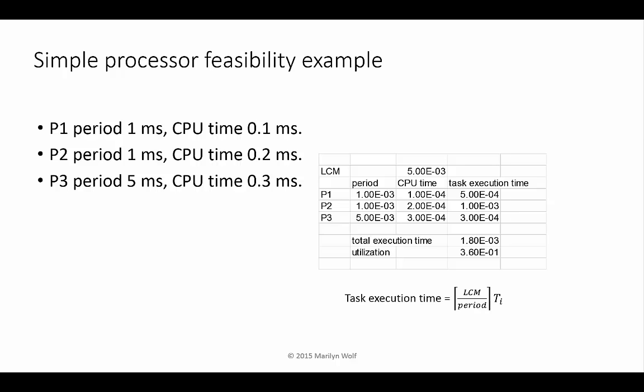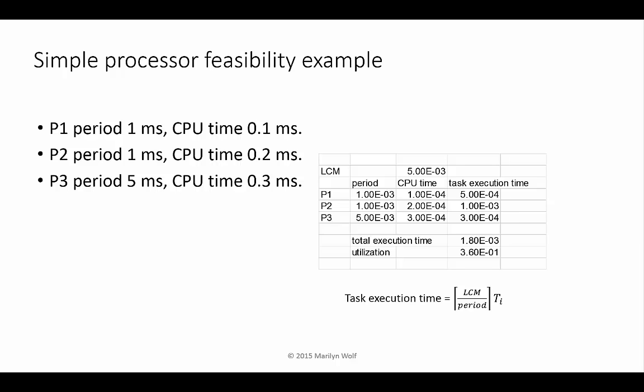The last column computes the task execution time, which is the execution time of one iteration of the task, T sub i, times the ceiling of the least common multiple over the period. So that ceiling operation gives us the number of times in the hyperperiod that we'll execute that process.